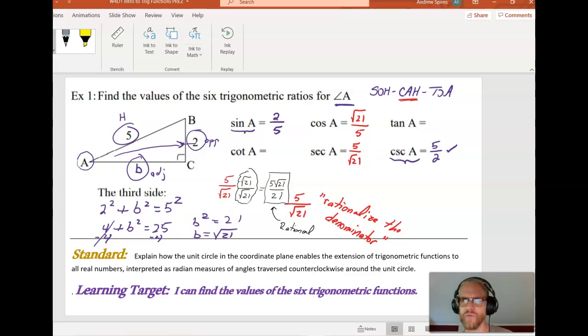Okay. So 5 over the square root of 21. We multiply top and bottom by the square root of 21, and we get the final answer, which is in reduced form. It's considered simplified. Even though it looks more complex, and it is, there are more values involved, it's considered simplified. So I want you guys to see this pattern that you're going to use over and over if you have not already seen this pattern.